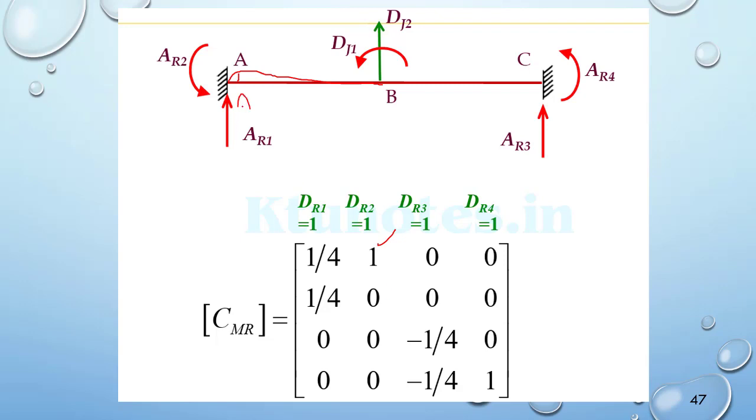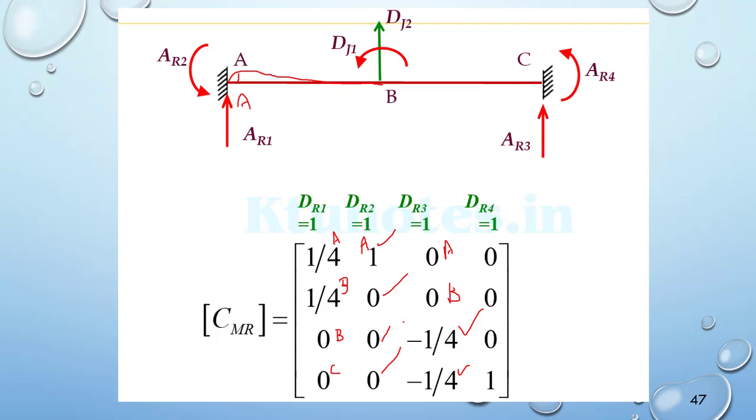Remember, this is A, this is B, then again B on the right side and C. So the other two will be 0 0 0. Then for DR3 there is no deformation for AB, so A and B are 0. Then for BC it will be minus 1 by 4, minus 1 by 4.